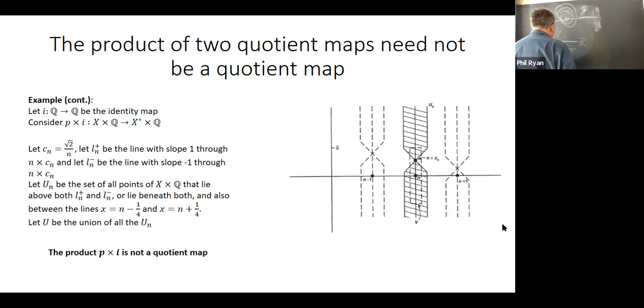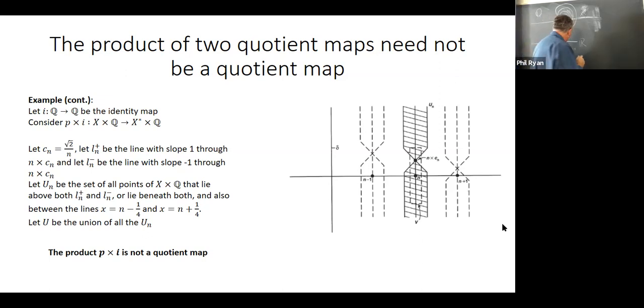So what we want to show then is, let's assume that this was a quotient map. If this was a quotient map, then this would be open in X star cross Q. So we're going to show that U prime is not open.